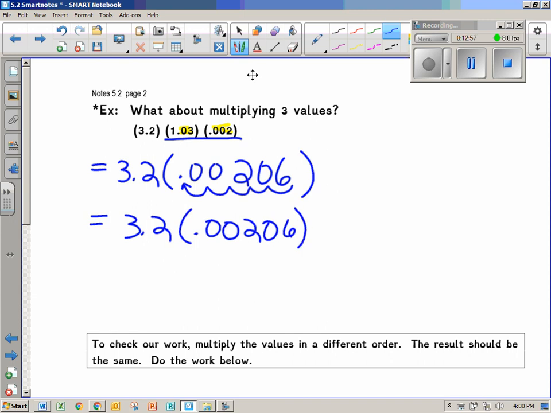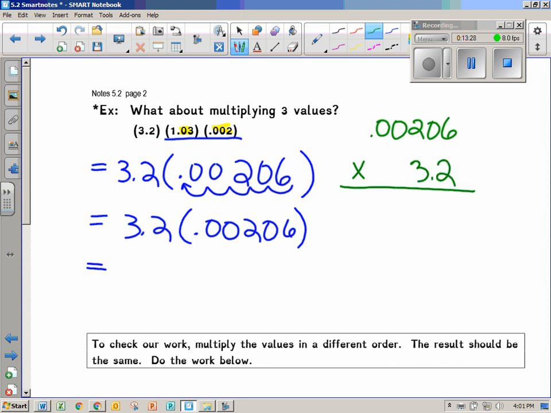Now I'll go out to the side and I'll multiply this together. On a problem like this where there's 3, it really is a good idea to keep a line going over here horizontally with our steps underneath each other to tell exactly what happened first. So on this one, I'm going to take the one with the most decimal places, 0.00206 times 3.2.